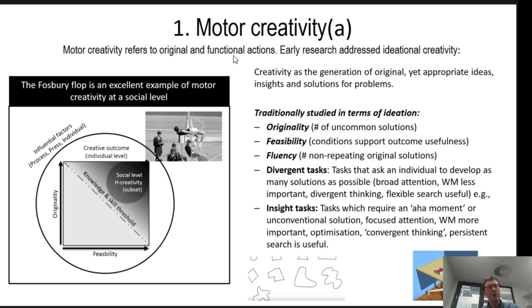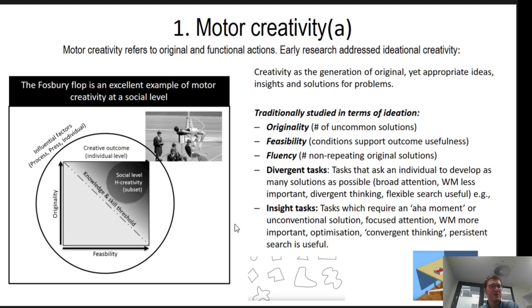A lot of the early research in creativity looked primarily at ideational creativity, trying to understand how people come up with new ideas that other people haven't come up with before, but ideas that are also effective and appropriate at solving problems.